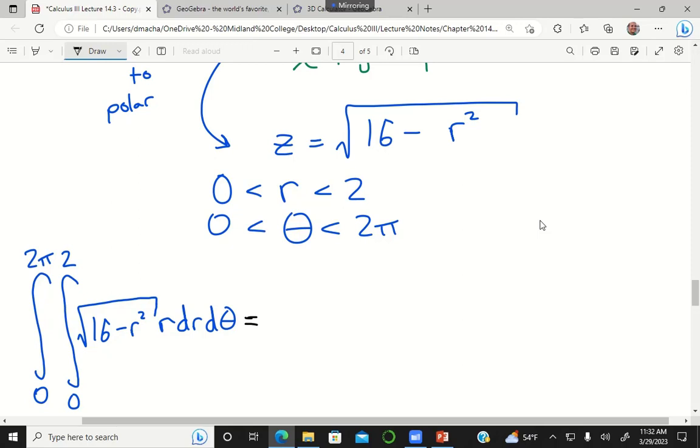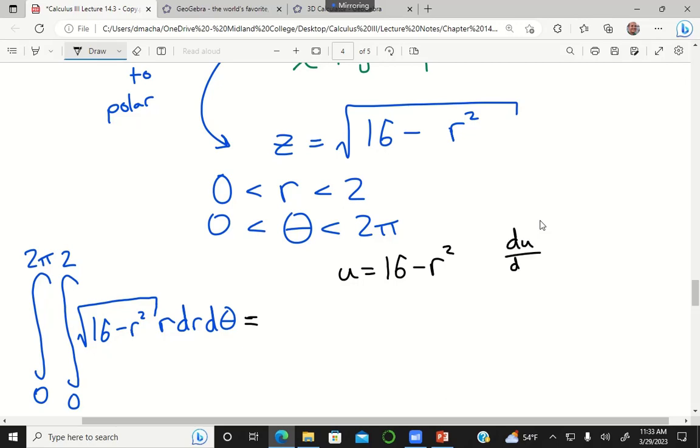So to evaluate the integral, there's an easy Calculus 1 strategy we can use called, yep, perfect, a u substitution where u is equal to, I think the easiest way, there's probably multiple ways you could do it, 16 minus r squared.